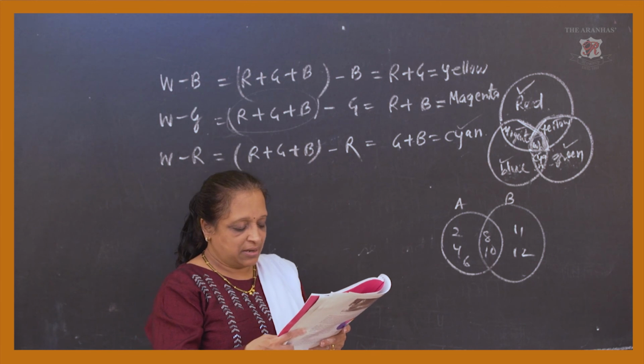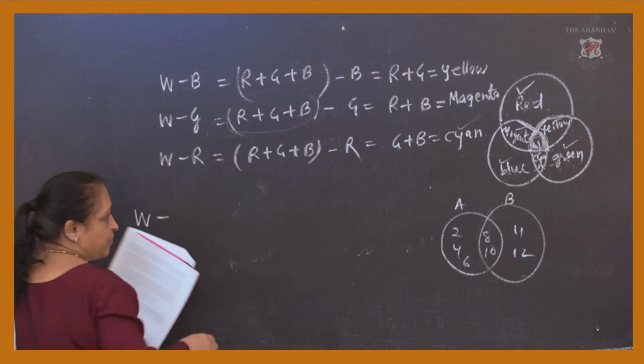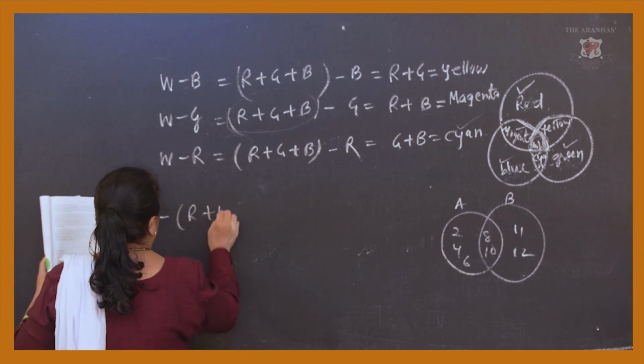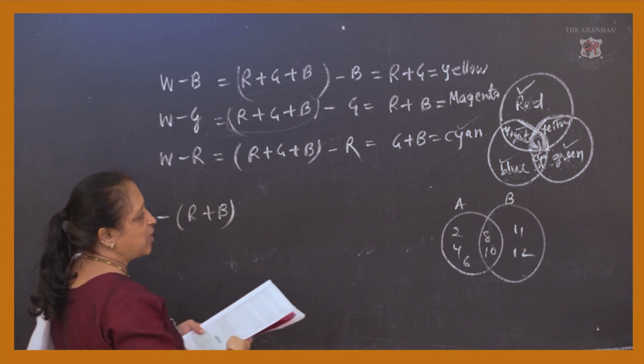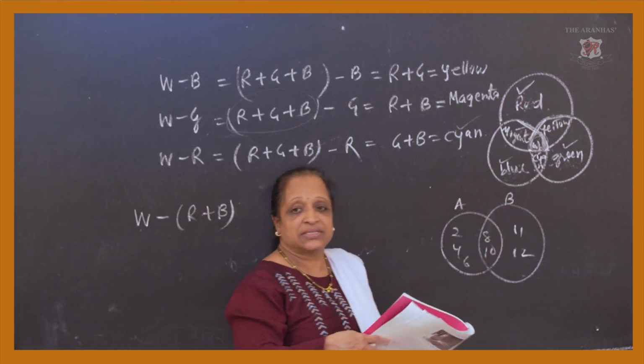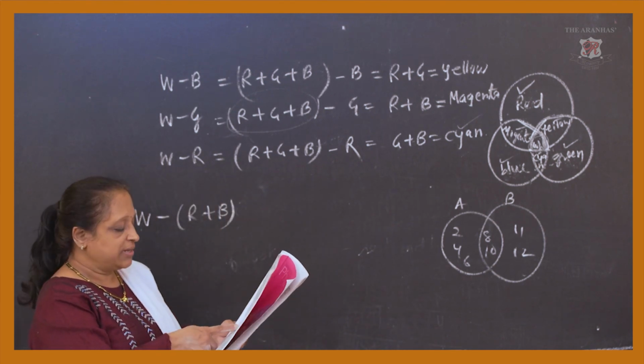And mixing the colors, it is said, mixing of the colors from white, which is a basic color, and the components red and blue are being taken off. What is left with us? We have the green color reflected. That is what is given here.